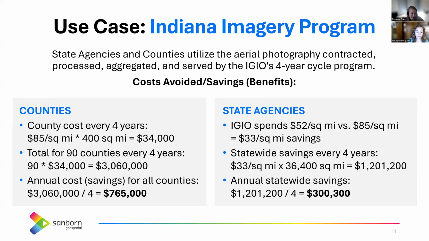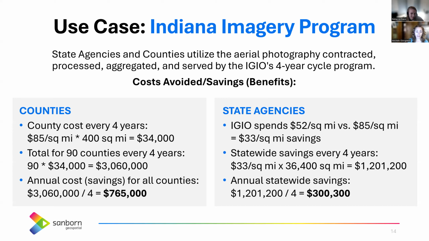If we assume the cost without this program would be $85 per square mile, then at a minimum, we can assume the office is saving anyone using this orthoimagery program $33 per square mile from having to buy it themselves. So if the state is approximately 36,400 square miles, the savings of $33 per square mile times 36,400 square miles is about $1.2 million every 4 years.